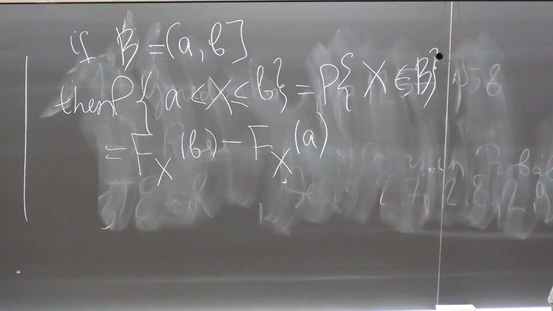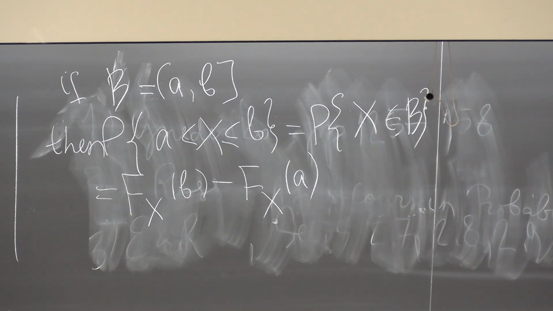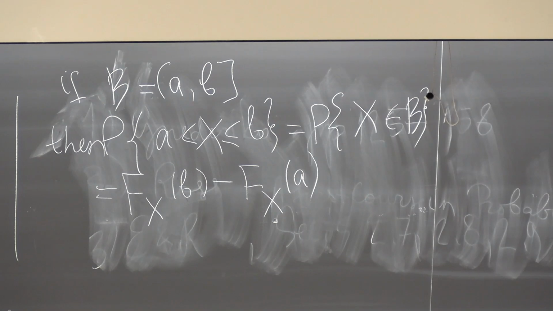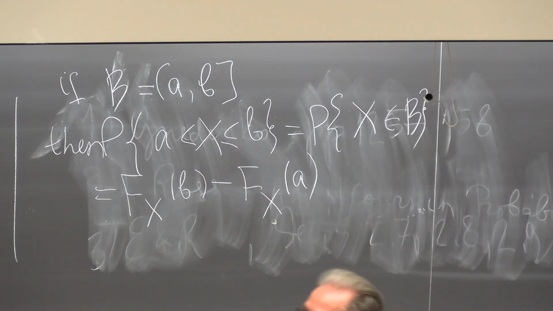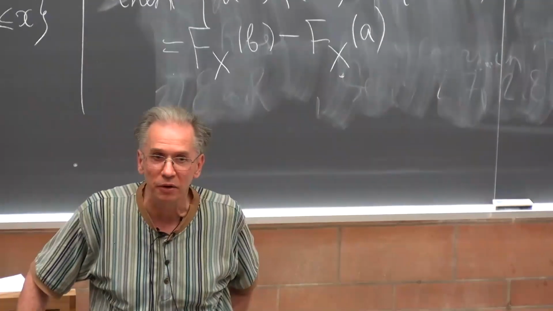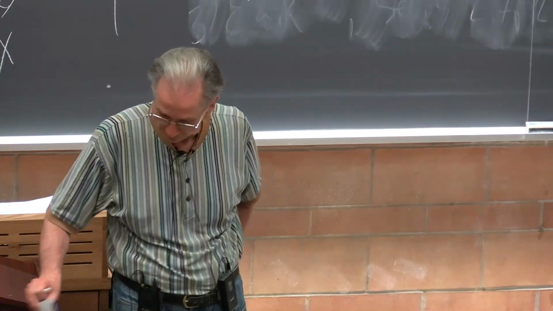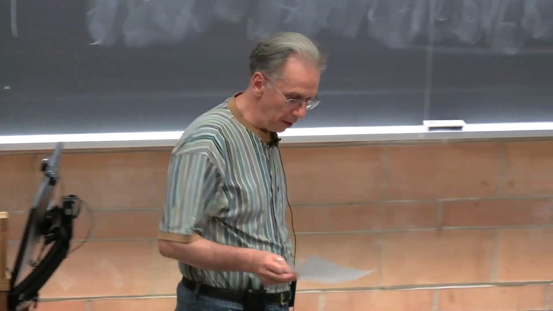Therefore, we could use the CDF to define the probability measure on R1, which is associated or generated by this random variable capital X. Is this clear? So the CDF is sufficient. Okay.